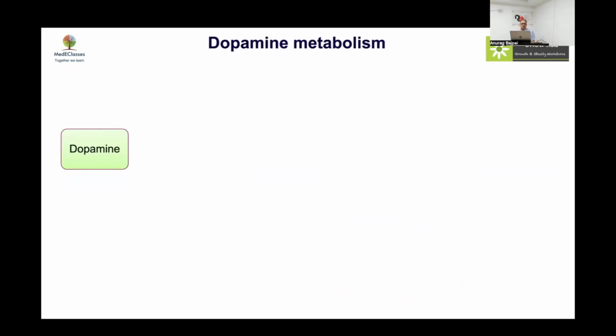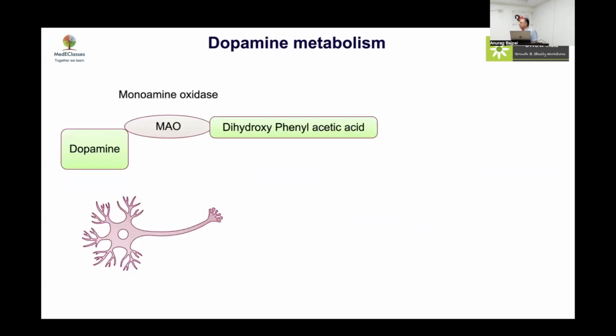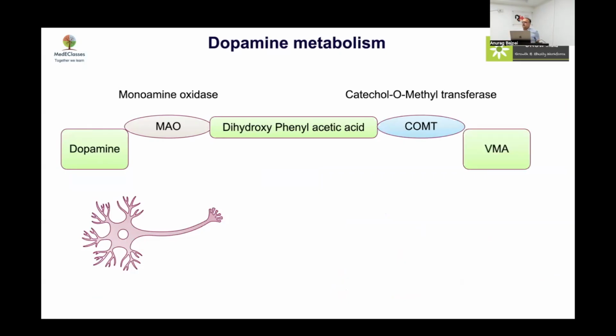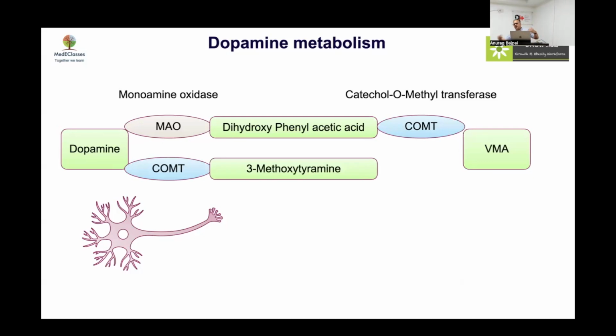So now we'll talk a bit about how we make a diagnosis of these conditions. We know that dopamine is basically regulated via two main enzymes, monoamine oxidase, MAO, and COMT. MAO and COMT are involved in converting dopamine peripherally into vanillylmandelic acid. Earlier, VMA was considered a very good marker of overall sympathetic activity.